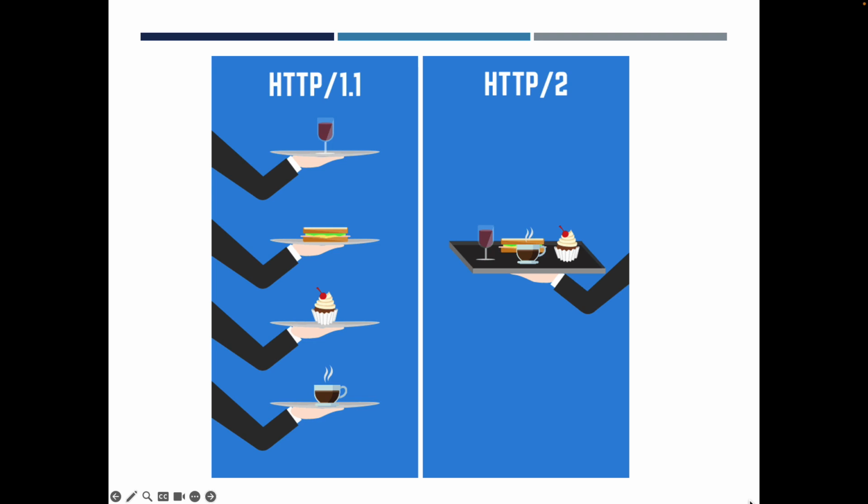Like HTTP1 or 1.1, the idea is that each resource requires a separate request. Remember you always have to create your web pages. In the web page, you link to your CSS. In the web page, you embed an image. In the web page, you also perhaps link to your JavaScript, right?